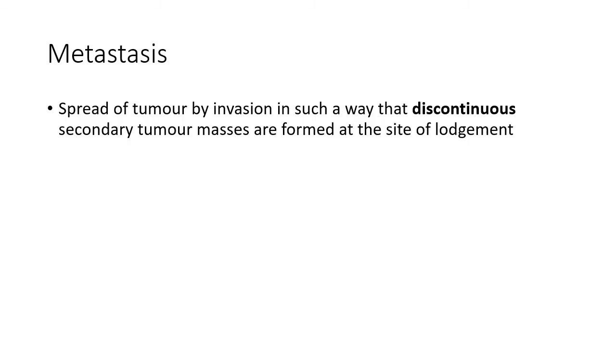Now we need to talk about this metastasis in a little bit more detail. We have to see what is metastasis and the routes of metastasis. Metastasis is defined as spread of tumor by invasion in such a way that discontinuous secondary tumor masses are formed at the site of lodgement. Remember, the key word here is discontinuous.